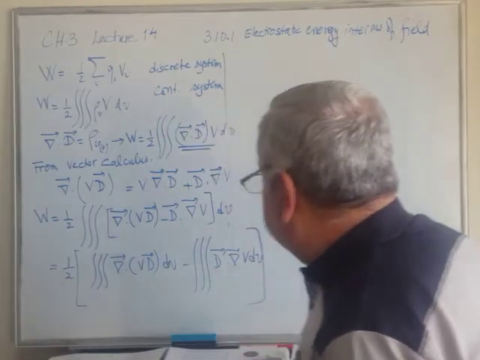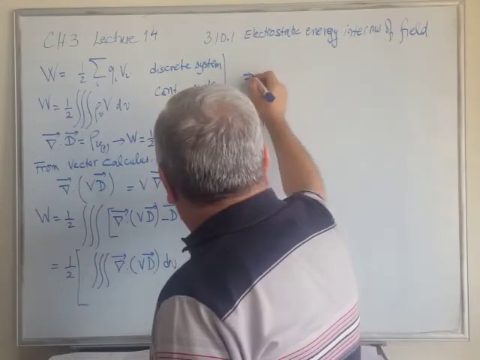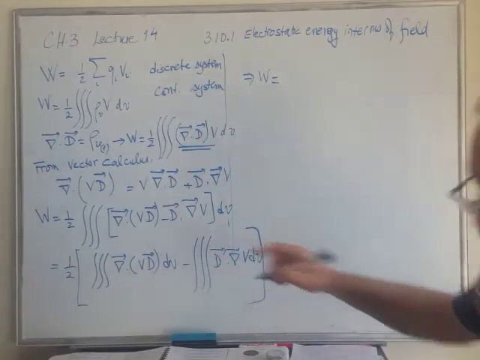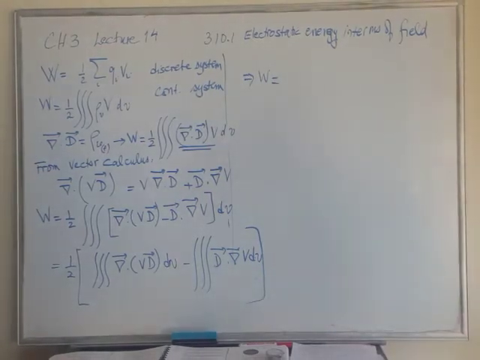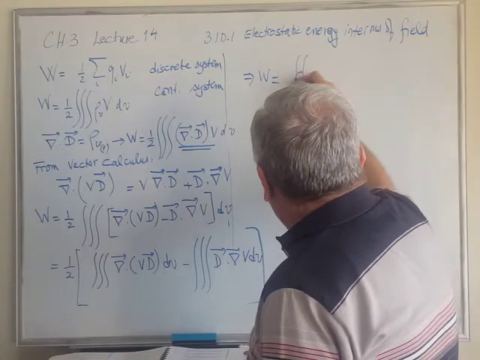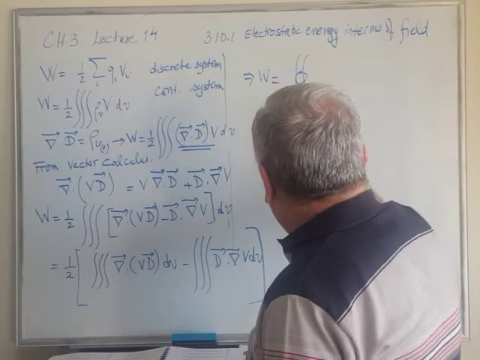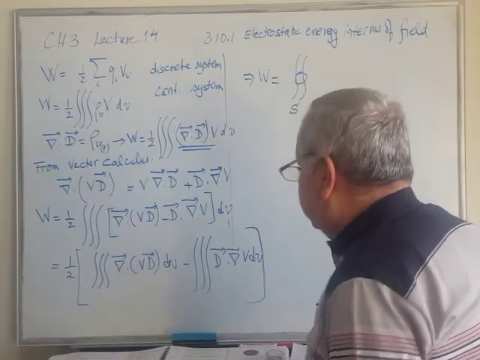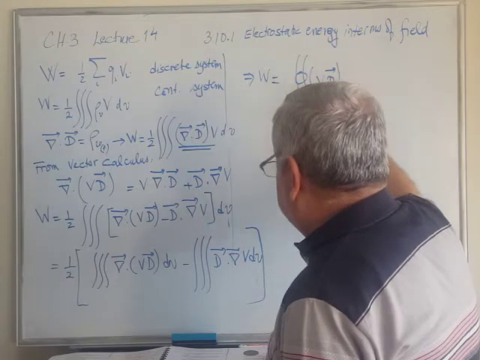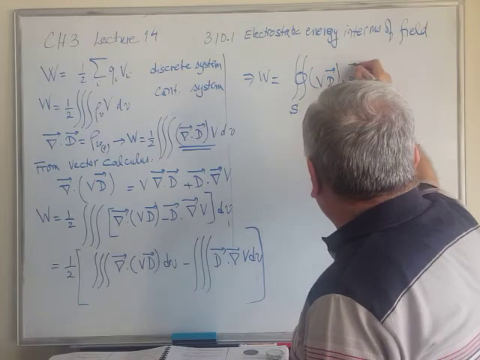So from this, what do we have? If you look at this first integral, this is the triple integral of the divergence of a vector over a given volume. By the divergence theorem, we can transfer it from a triple integral to a double one over a closed surface S of VD, the vector itself, whose divergence is put here, dot ds.